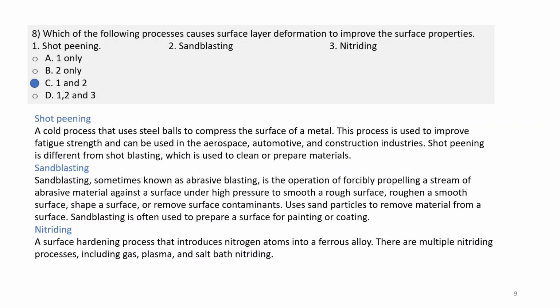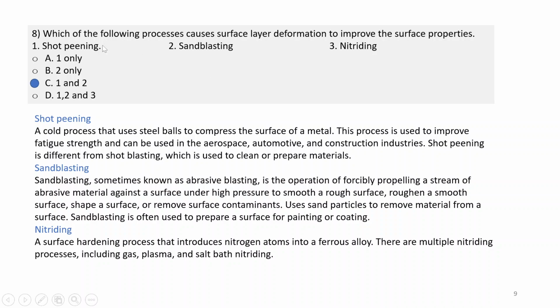In this case, you change the chemistry of the surface by introducing nitrogen atoms. In the case of shot peening, it is a cold process which uses steel balls to compress the surface of a metal, and this process is used to improve fatigue strength and can be used in the aerospace, automotive, and construction industries.